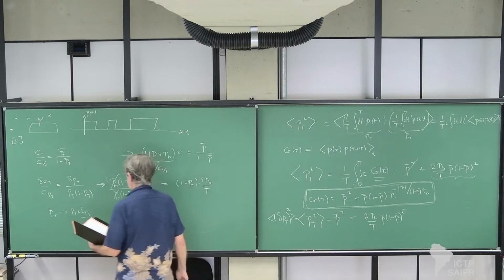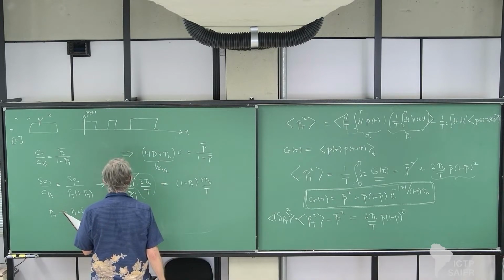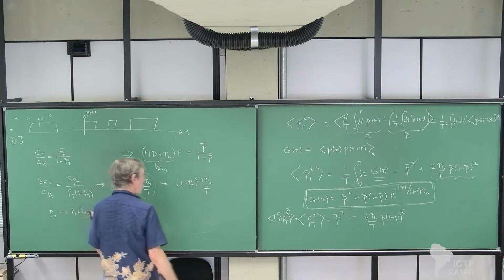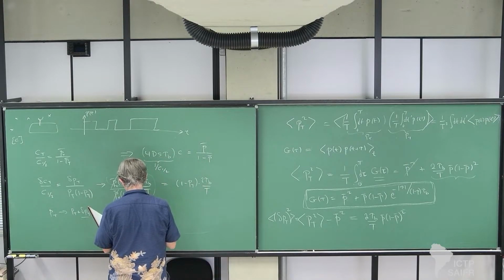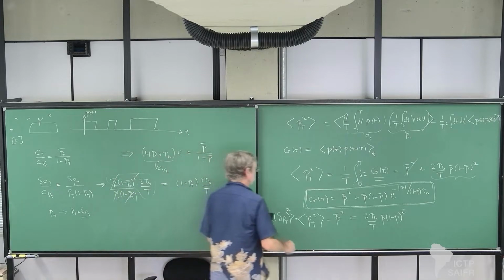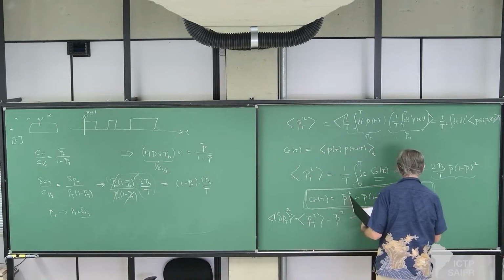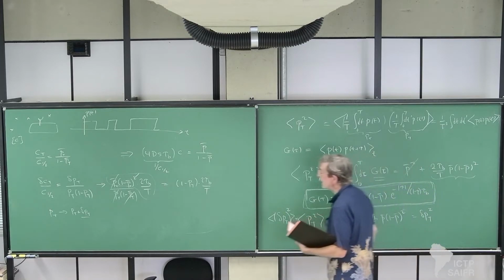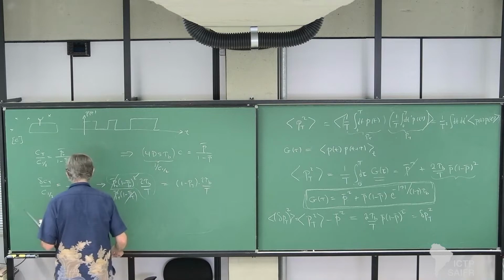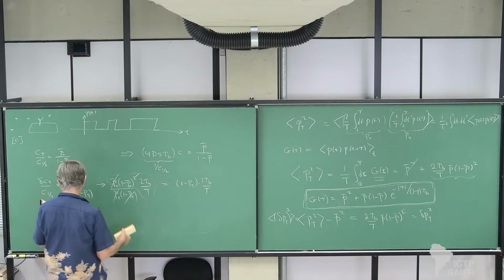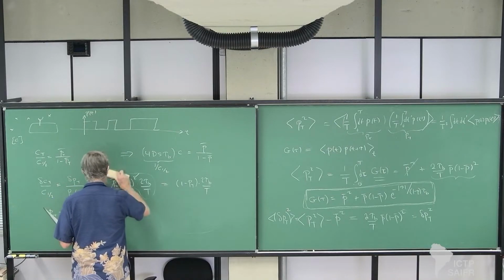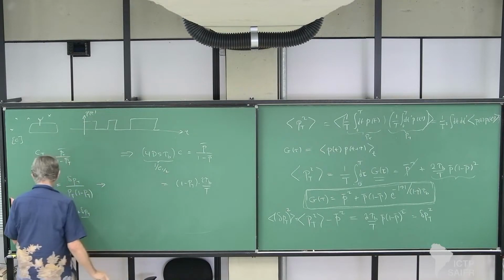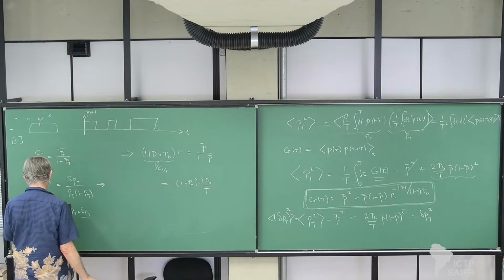Wait a minute, sorry about that. So this is delta PT squared. But now I'm interested in delta PT, so actually, sorry, I think I have done this wrong. Okay, so what I really want to do is this.